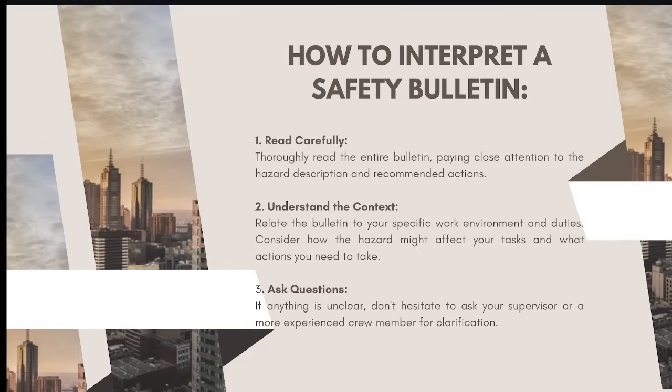Third, you need to ask questions. If anything is unclear, do not hesitate to ask your supervisors or more experienced crew members for some clarifications.